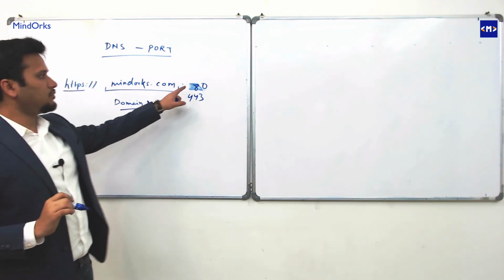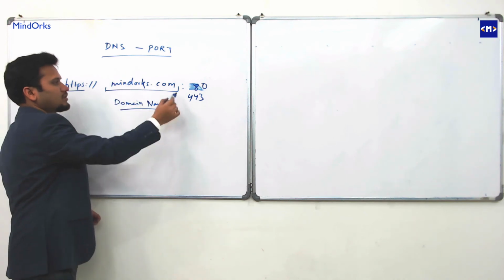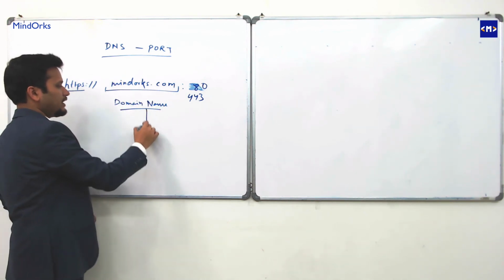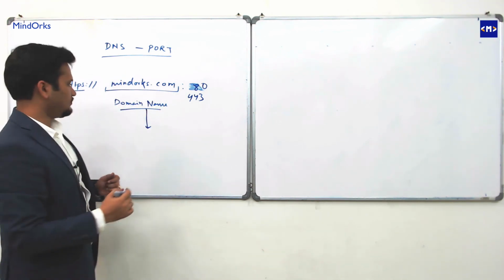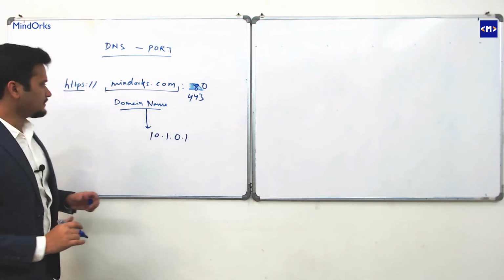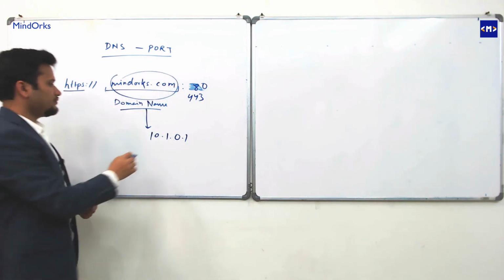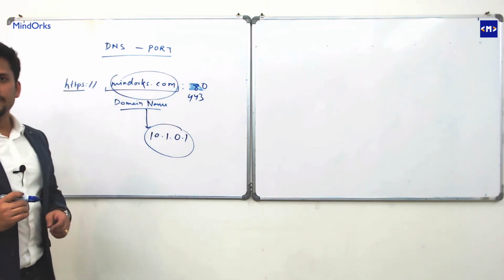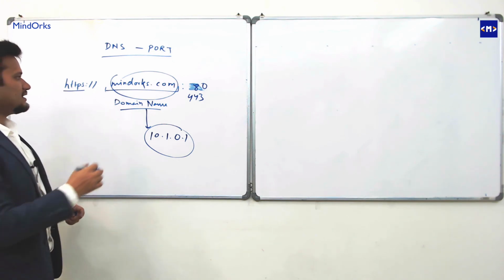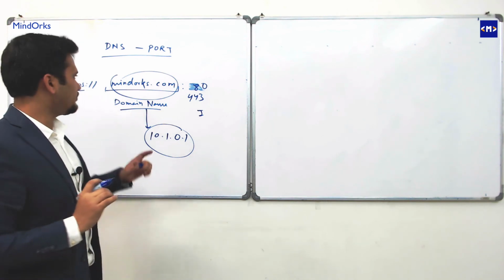So what is this port? First thing, when you write mindocs.com, how are you able to get my IP address? For example, my IP address is this. So how is the network able to figure this out? You have a database of domain names.